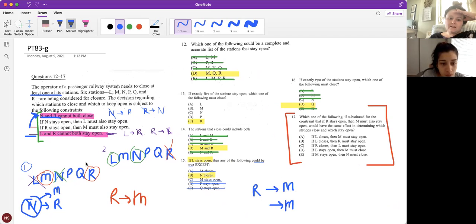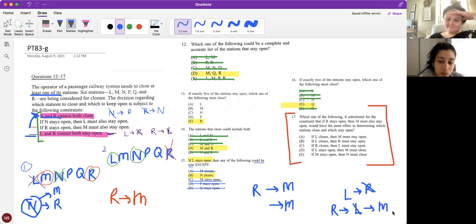So I'm thinking that if we have L open, we can't have R. If we put an M before the L. Ooh, what about if we have R, we don't have L? And then we put in M after the L. So if we don't have L, then we have M? Yeah, I like that.